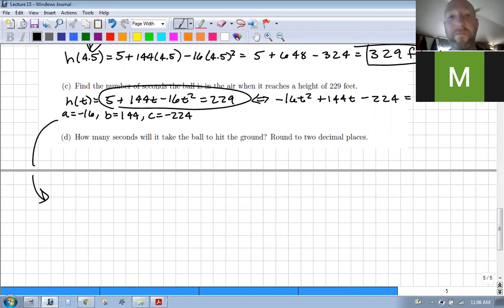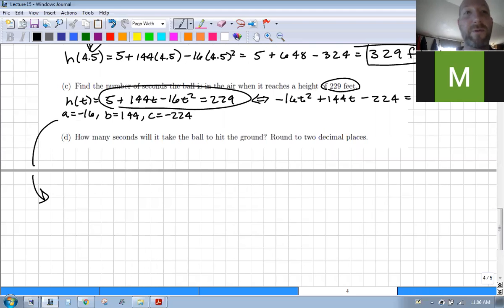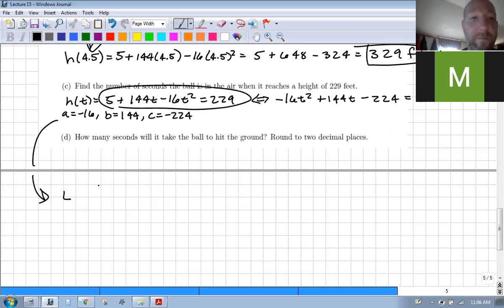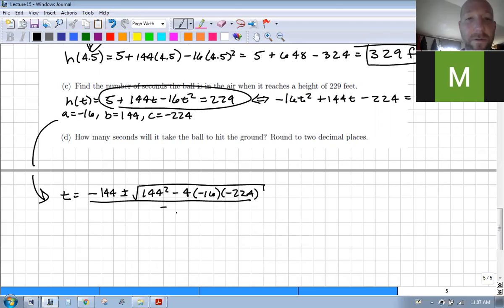All right, so we're using the quadratic formula again, but again, we set the height equal to 229 before we solve for time. So we have to get it into standard form. So we have t is negative b plus or minus the square root b squared minus 4ac, all over 2a.